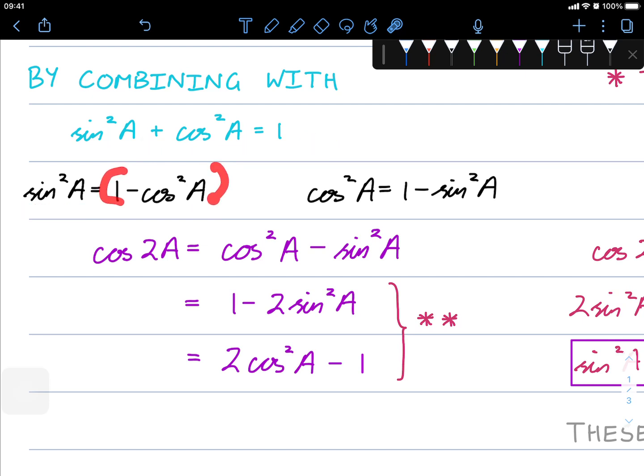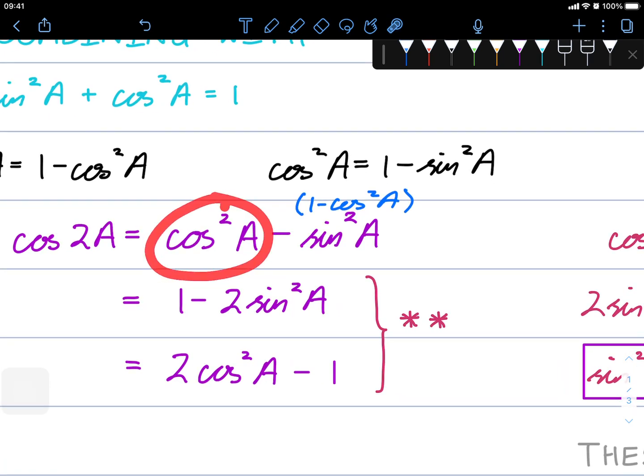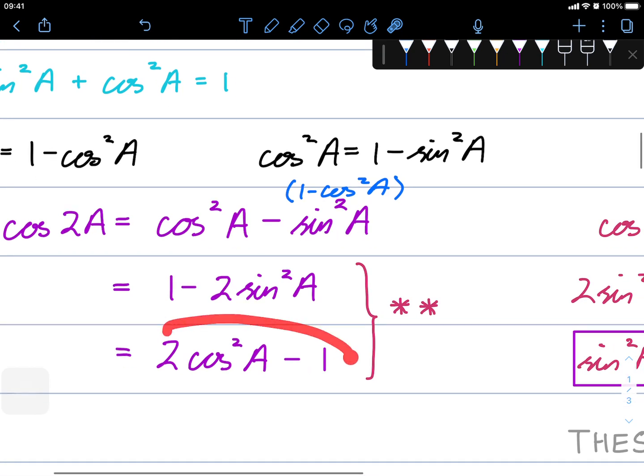Substituting this expression for sine, that will give us cos squared a minus 1 minus cos squared a. Now really think about that. That's cos squared a minus 1. And that's going to be a minus minus cos squared a. That's plus cos squared a, which is this one here.